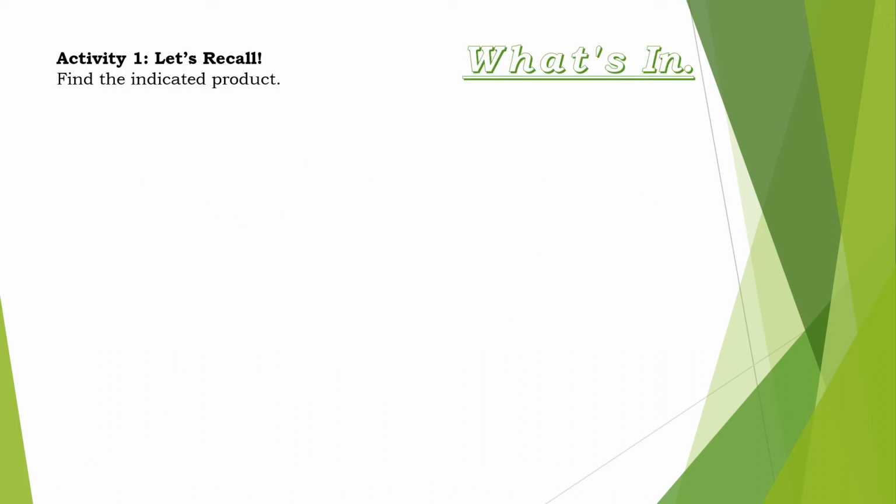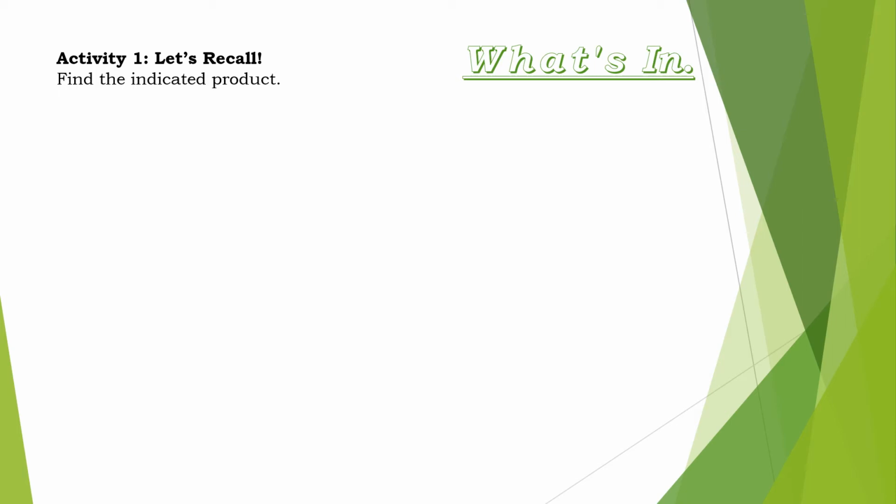So let's start with the activities in your module. Let's try to recall. Before we proceed on your activity 1, I strongly suggest to answer the pre-assessment on your modules in a separate sheet. In this lesson, you are given the chance to use your previous knowledge in activity number 1.